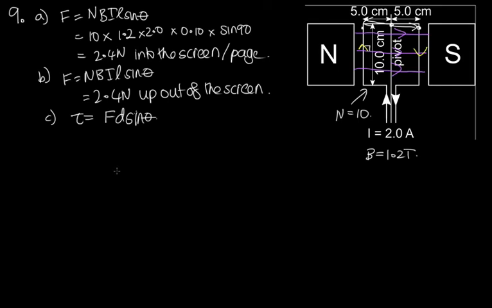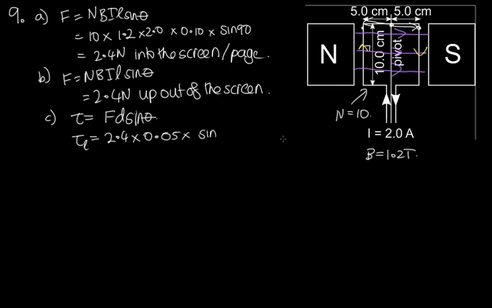So part C, what is the torque at this point in time? Well, what we're going to have to do is calculate the torque along each part of this coil here. So let's start with the torque along this left-hand side here. Let's call it torque left. Well, we've calculated the force up here, so it's 2.4. Now, d, that's the distance, and the distance of this side from the pivot axis is 5 centimeters, so times 0.05.